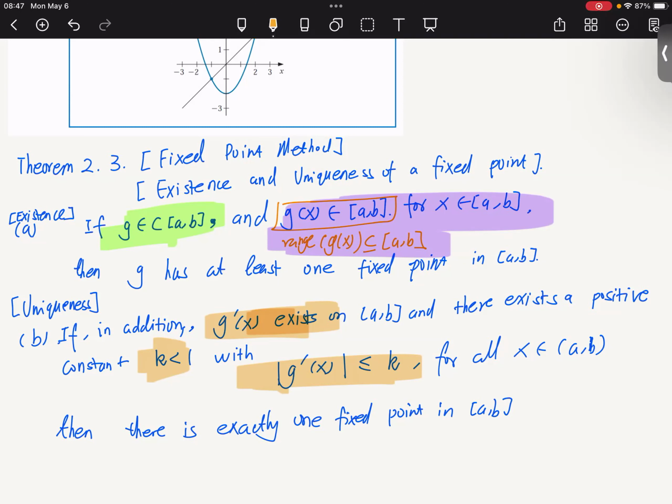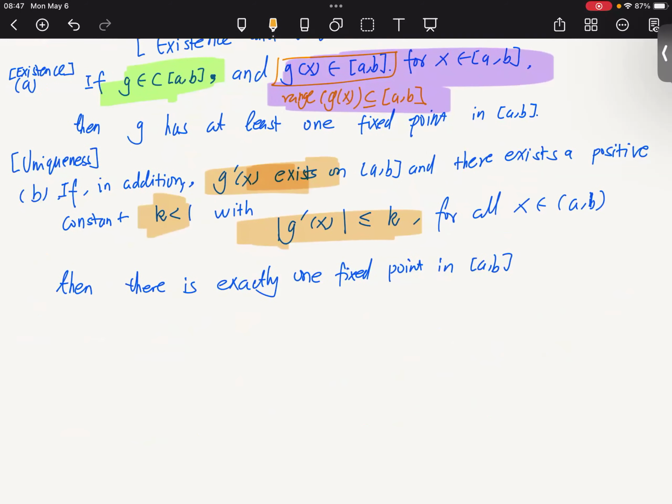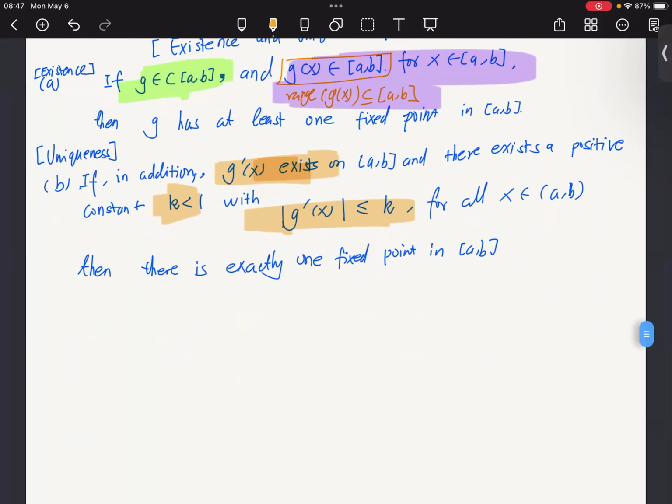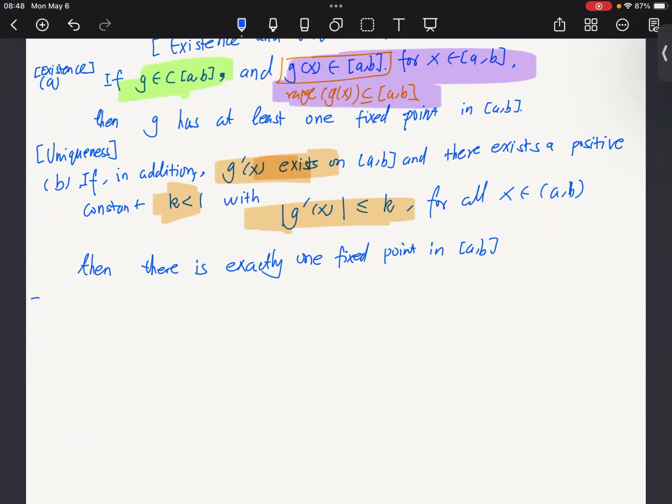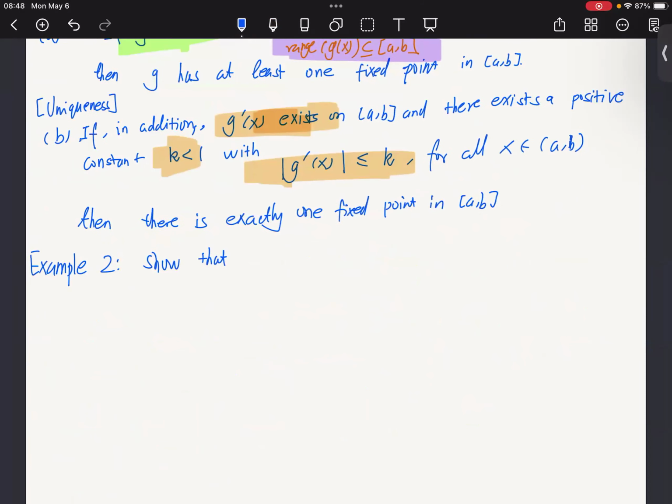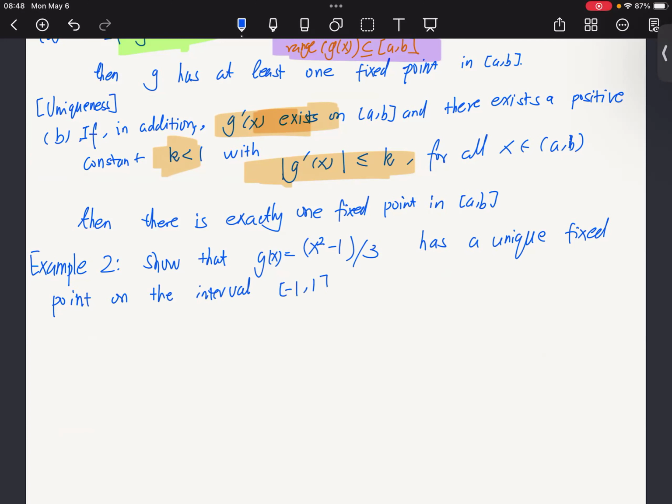I'm going to give you one example, and you need to double check all the criteria to check whether this example has a unique fixed point. The function is g(x) = (x squared - 1) / 3, and you need to show that this function has a unique fixed point on the interval [-1, 1].